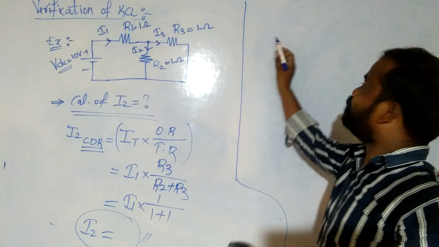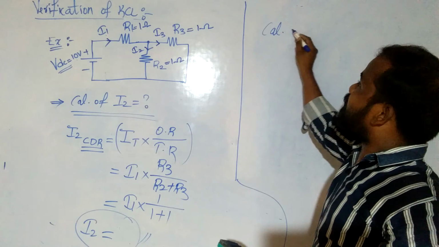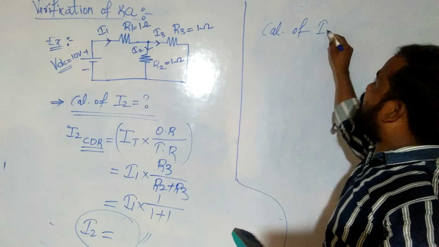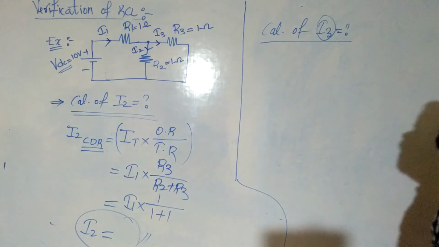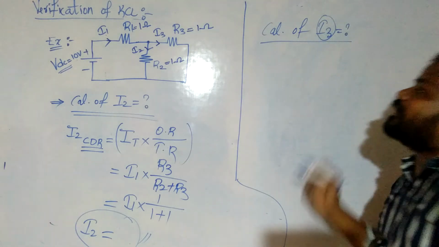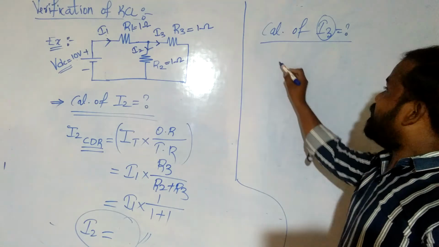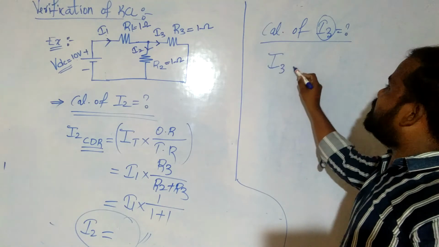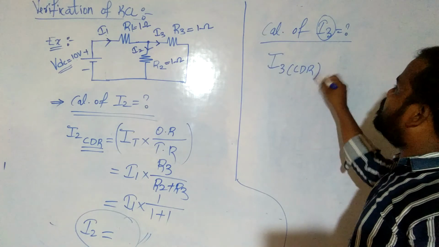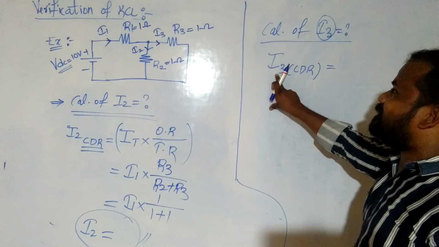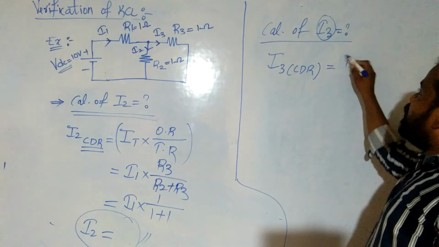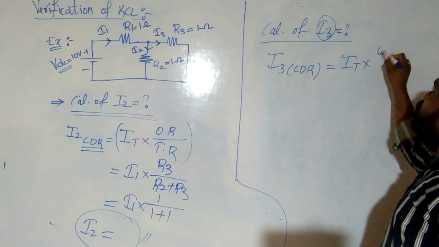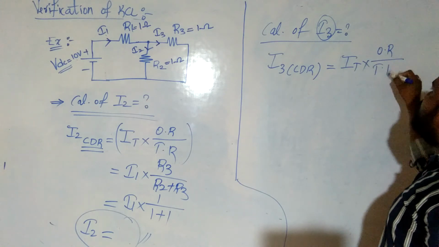Just see here, the calculation of current I3. The current I3 is also divided from the total current I1. That's why we again use the current division rule. What is the formula? Total current into opposite resistance divided by total resistance.